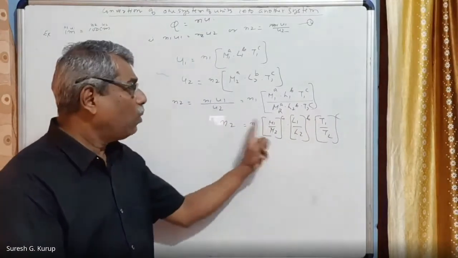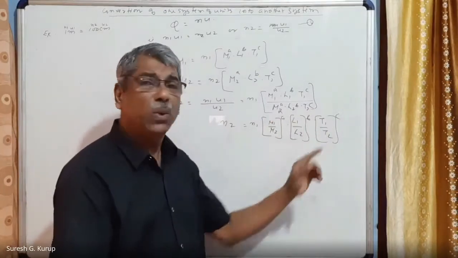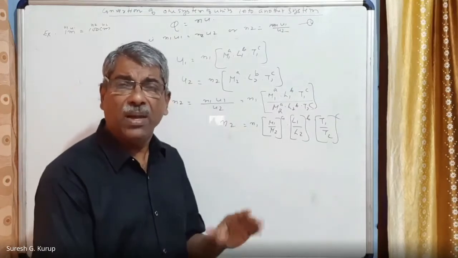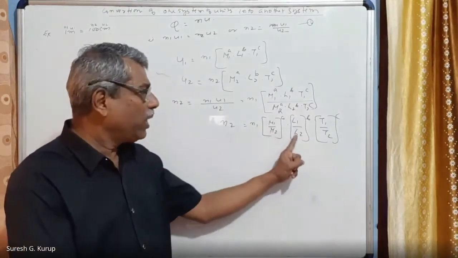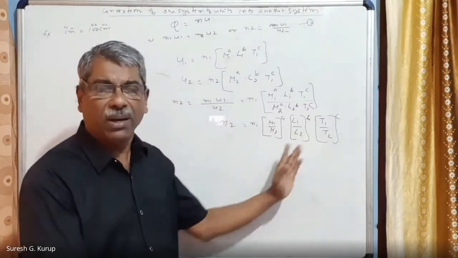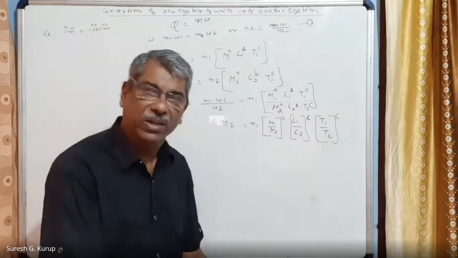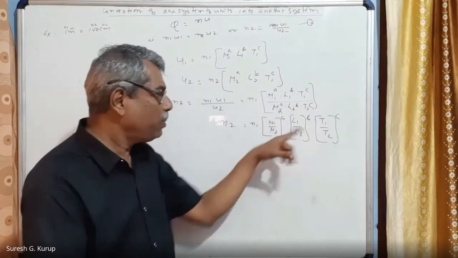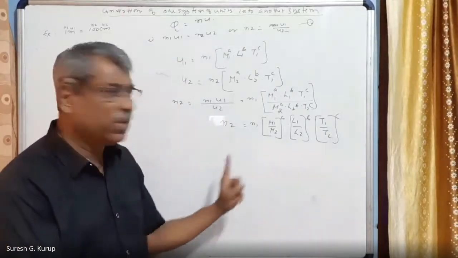One more thing: M1, L1, T1 are the values of mass, length, and time in the given system. And M2, L2, T2, the denominator part, are the values of the units in the system to be converted. So this is for the given system and this is for the new system. You have to only remember this formula.